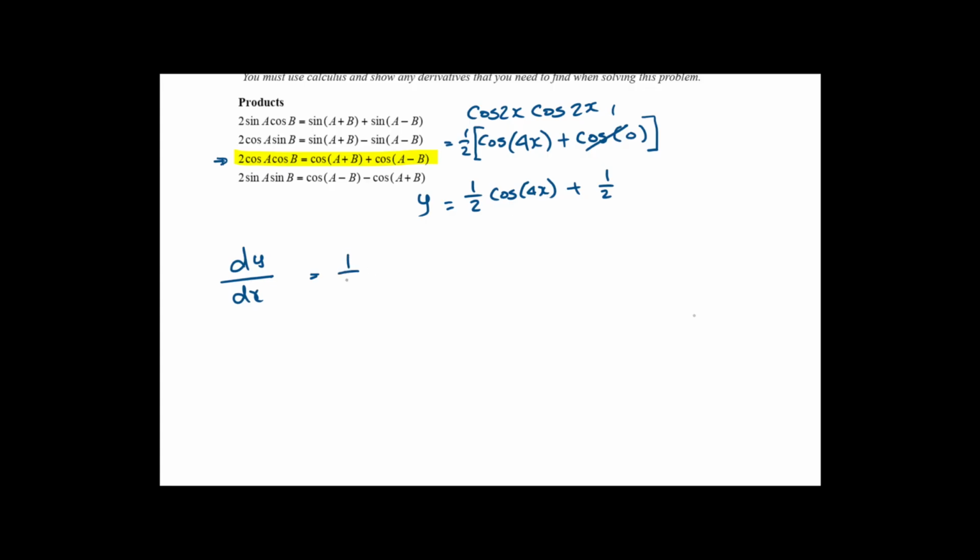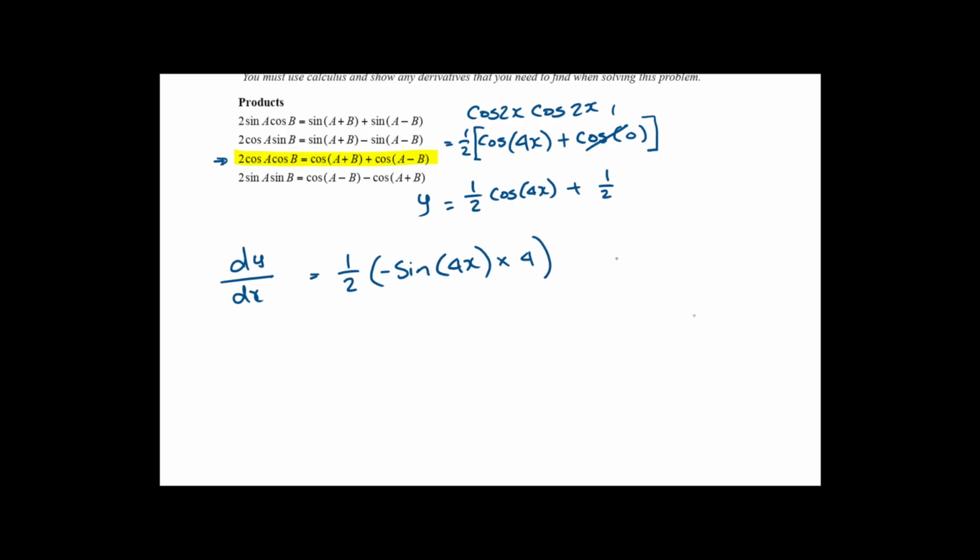So when we differentiate, it's going to be a half, and when we differentiate cos, it's negative sine, times the derivative of the inner function, which is 4.